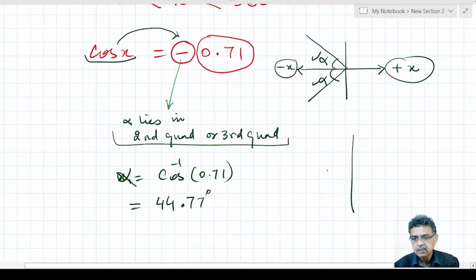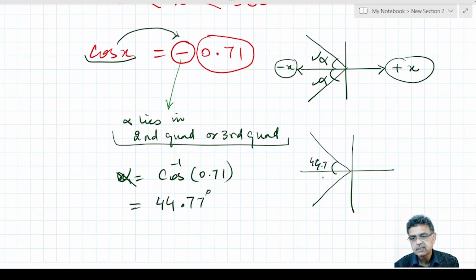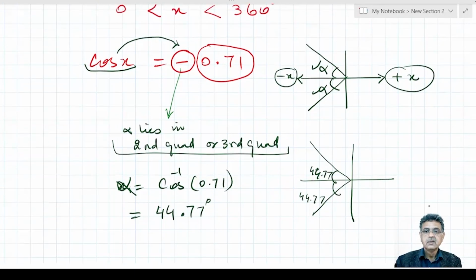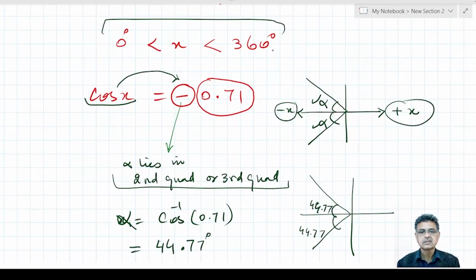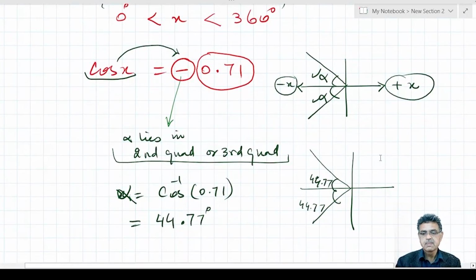What does it mean? That this reference angle, this basic angle, this angle is 44.77. This is the value of alpha, basic angle. We have to give the value of x in this domain, 0 to 360.